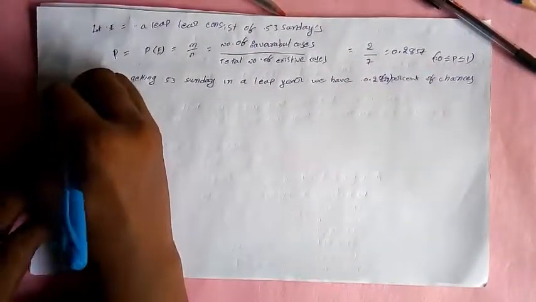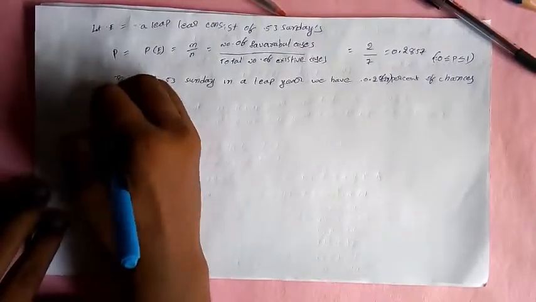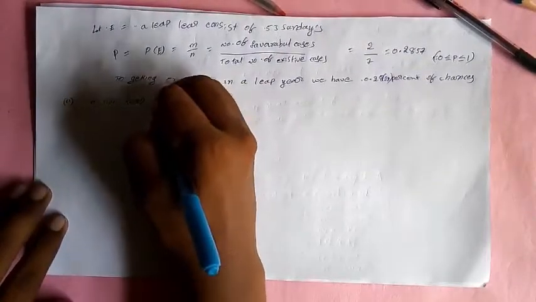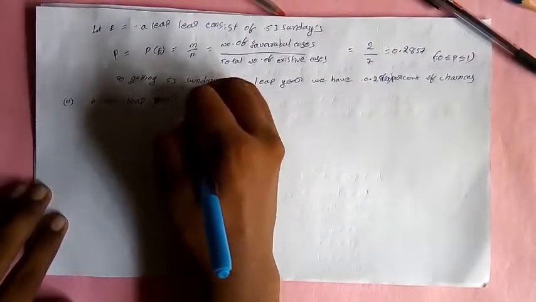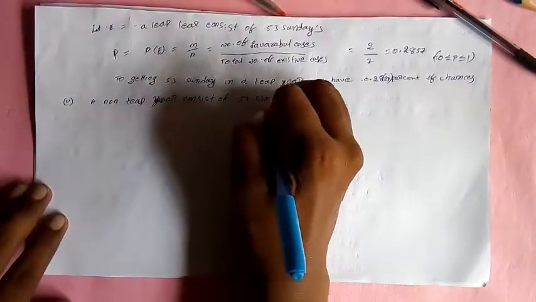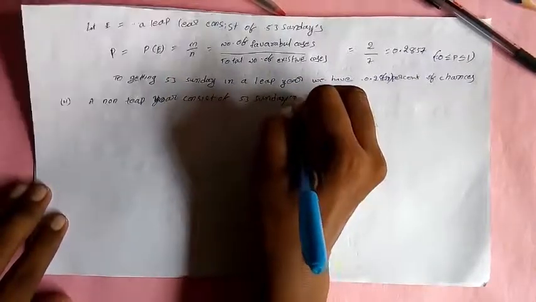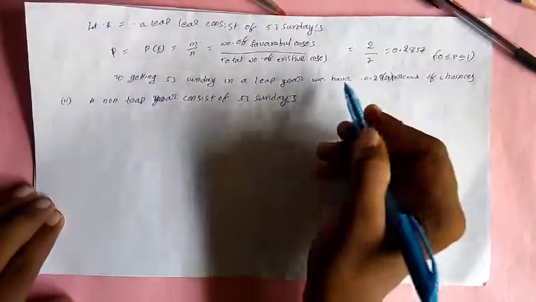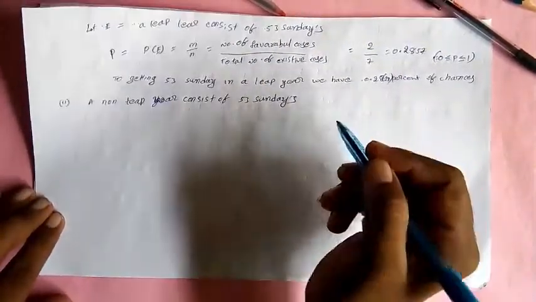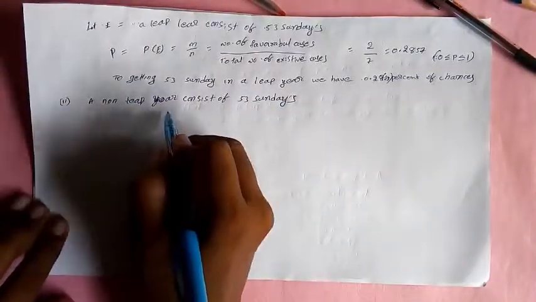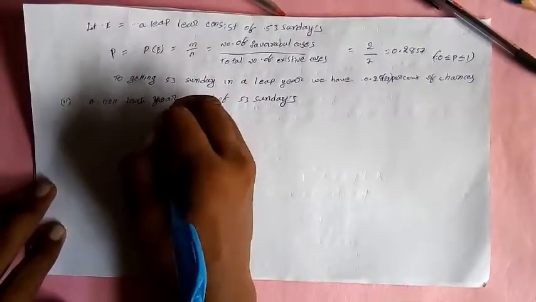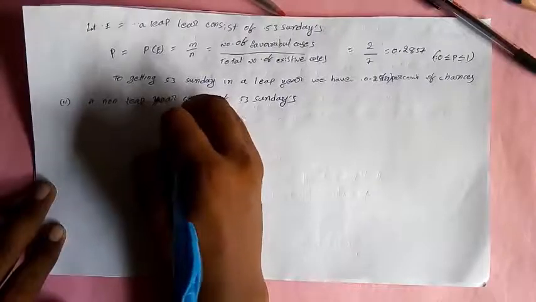And next, the second case: a non-leap year consists of 53 Sundays. We calculated that a leap year consists of 53 Sundays with a 28% chance. Now for a non-leap year, we know the number of days is 365.